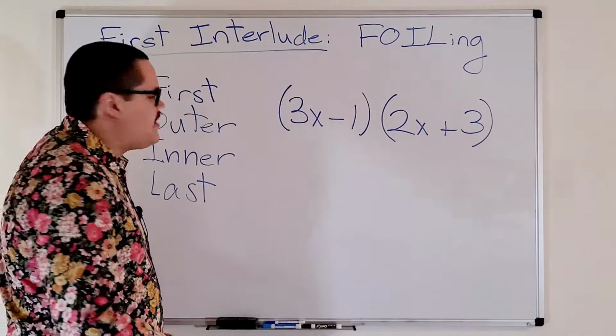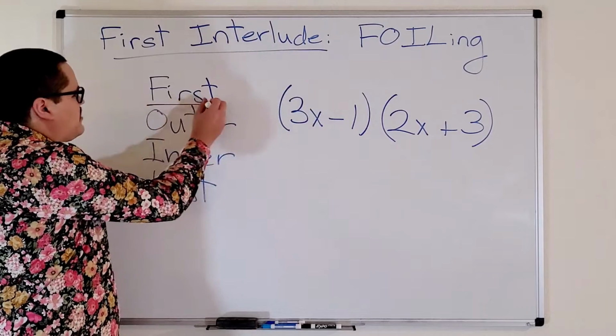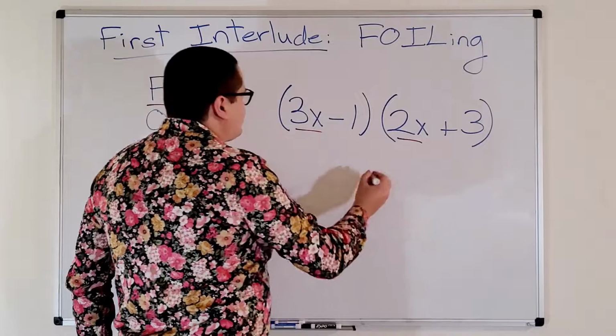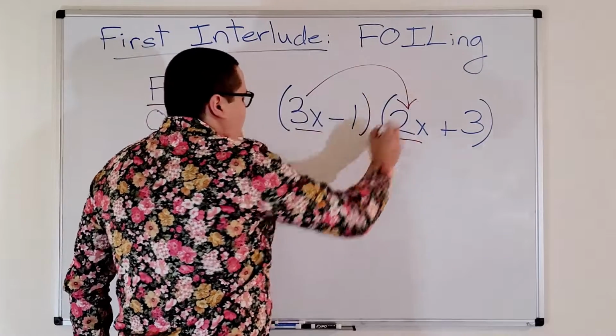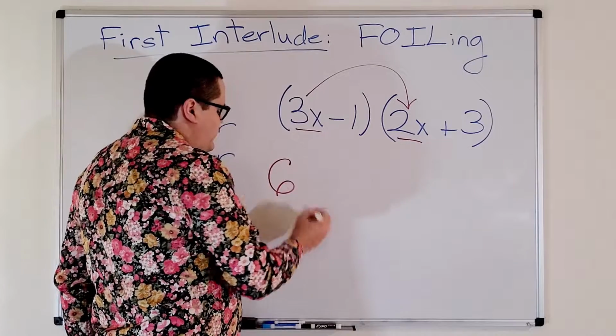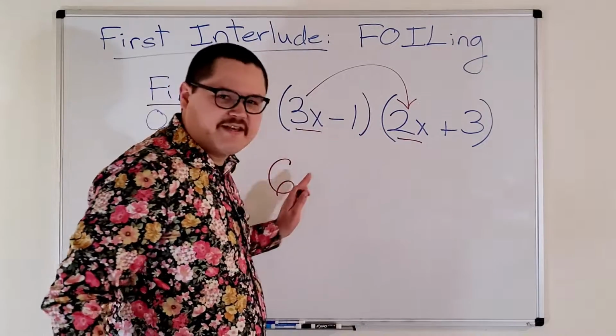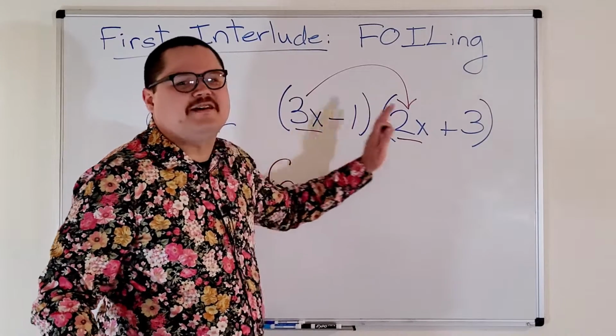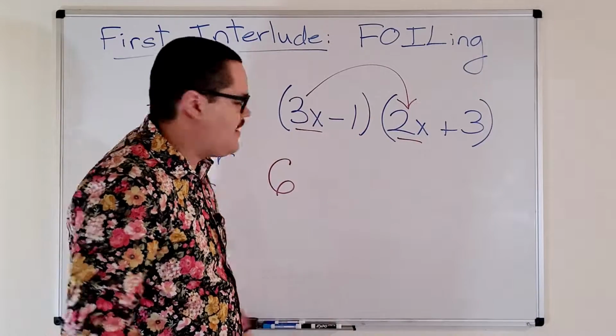For example, the F in FOIL is first. So the first 2 terms are 3x and 2x. So their product is 3x times 2x, which is 6x squared, because 3 times 2 is 6, and x times x is x squared.